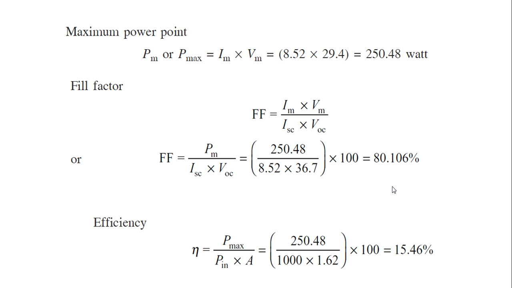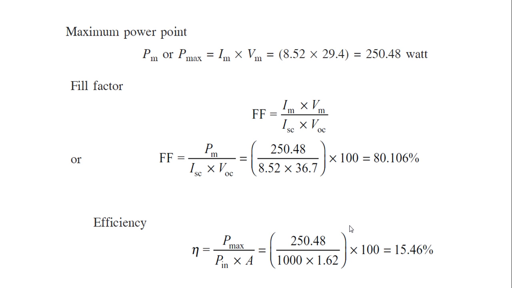I'll multiply by 100 and I'll get 15.46%. Over here P in we are considering at 1000 watt per meter square radiation. So watt per meter square into meter square gives the watt. So this is the new thing to find out the efficiency of the PV module.